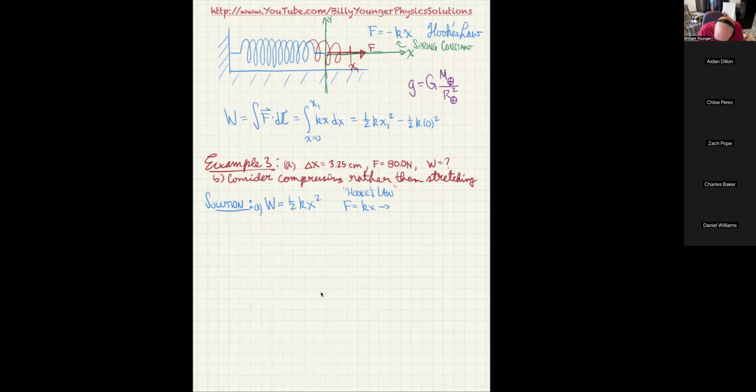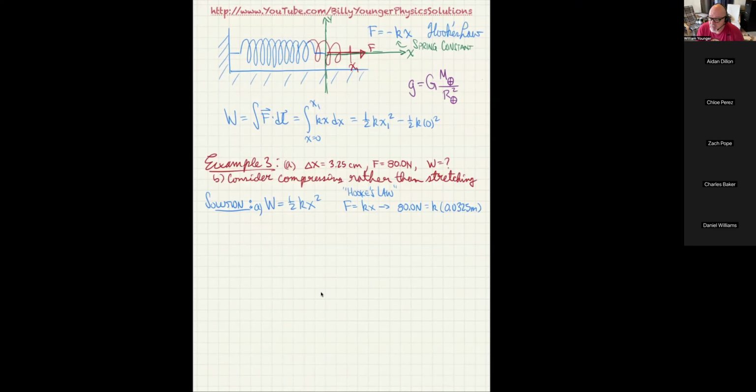So I'm going to write 80.0 newtons is equal to k times x, which should really be in meters, so 0.0325 meters.